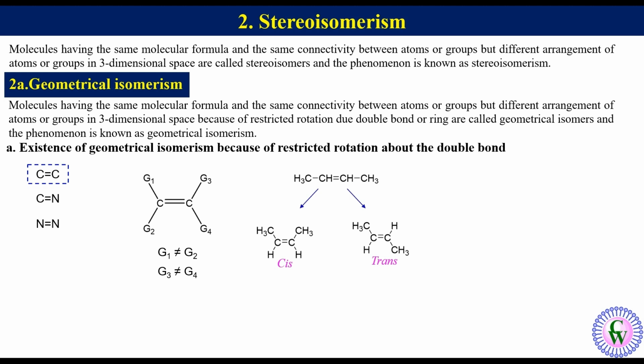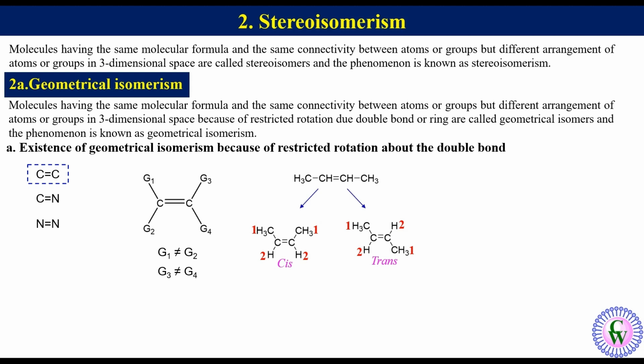To determine EZ nomenclature, the groups on each carbon are labeled as 1 and 2, where 1 is of higher priority and 2 lower.